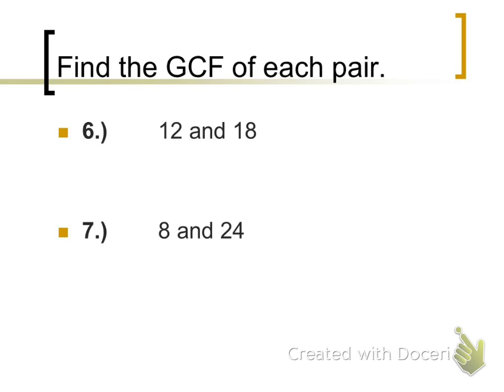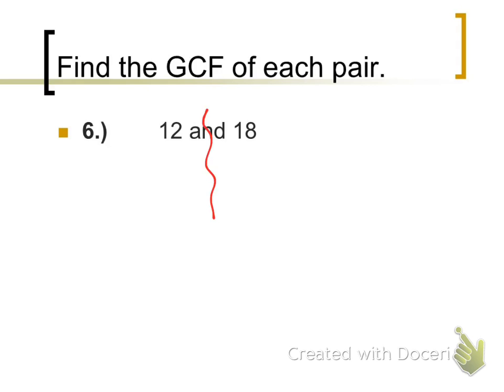Now, looking at these, you might already know the GCF, right? These are not very big numbers, but just for the sake of practice, we're going to look at how we could find the GCF. We're going to do it 2 different ways, and then you guys can tell me which way you like best. One way is to make your list like we were doing on the first couple examples for both numbers.